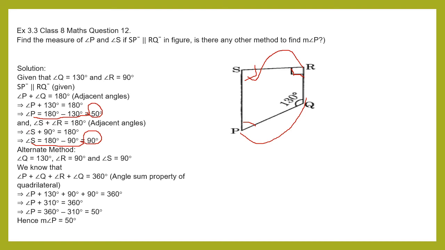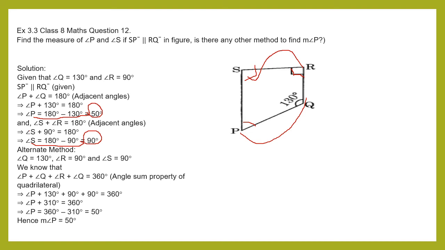So if angle R is 90 degrees, angle S is also 90 degrees. That means the sum of the two angles is 180 degrees. If this is 90, then 180 minus 90 means angle S also becomes 90 degrees. So let us take the values of angle Q as 130 degrees, angle R as 90 degrees and angle S as 90 degrees. Then we know that angle P plus angle Q plus angle R plus angle S is equal to 360 degrees because of the angle sum property of a quadrilateral.